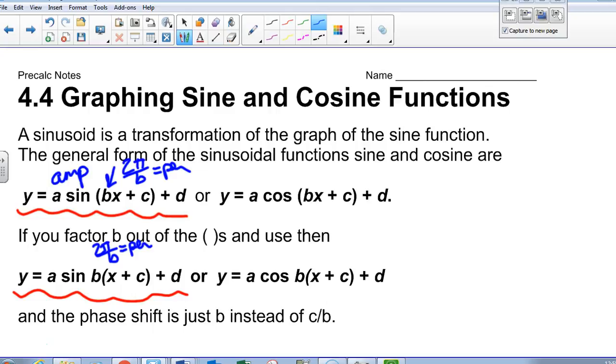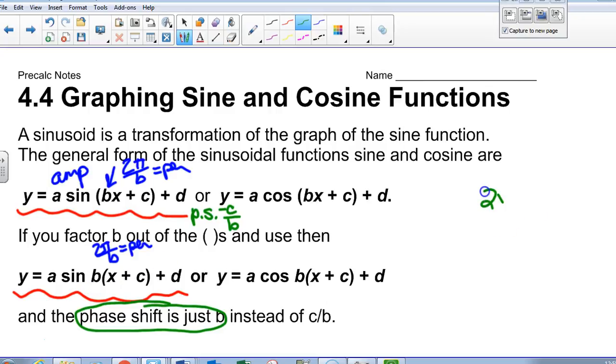Then the weirdness here, in this particular form, when you have not factored out the B, the phase shift, the left or right shift, is actually C over B, or the opposite of C over B. If you factor out the B, then the phase shift is just the C value because you've already taken the B and divided it out.